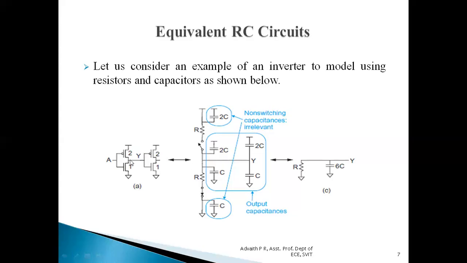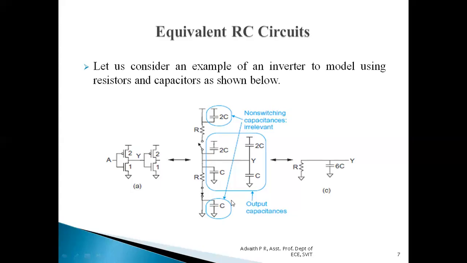In addition to this, when the output is being driven from the first inverter, the output Y also touches the second inverter gate inputs of both PMOS as well as NMOS. Hence, we have considered those two capacitors as well, gate capacitance of PMOS2 and gate capacitance of NMOS2.